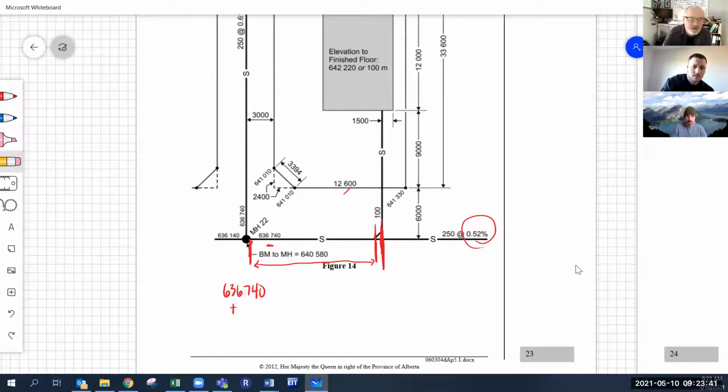Let's go to the pipe right here. Okay, let's go to this pipe. You have to add that 3,394, too, 3,000. And then if we go to there, we've got to minus off this much and this much as well.